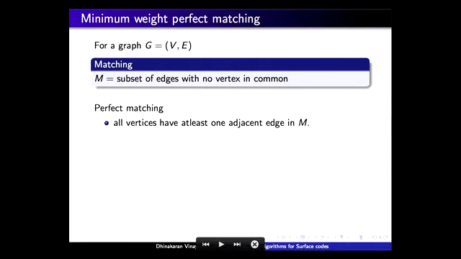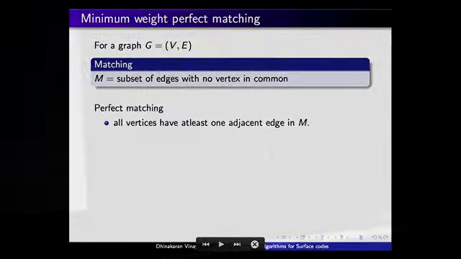So what is a perfect matching? A perfect matching is when we find a matching where every vertex is covered exactly once. So let me take the graph that's formed here.